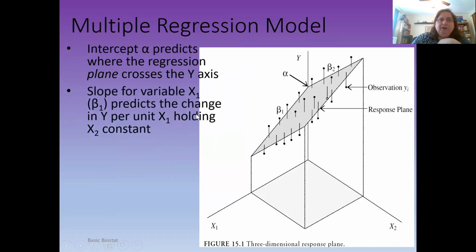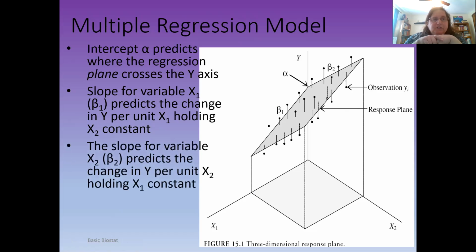The slope for variable x1, or b1, predicts the change in y per unit x1 holding x2 constant. And the slope for variable x2, b2, predicts the change in y per unit x2 holding x1 constant.